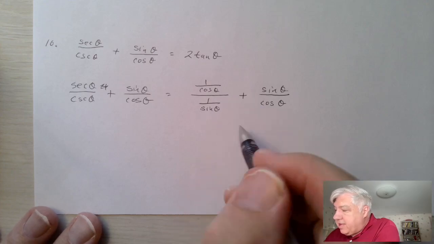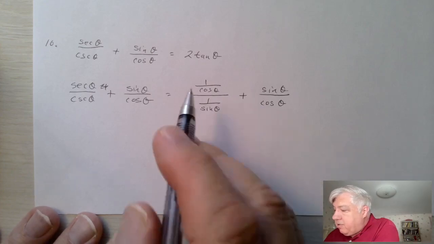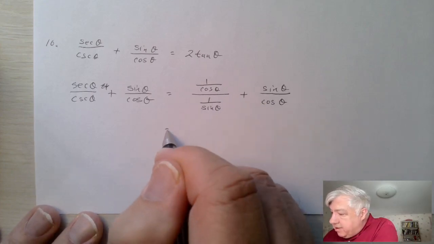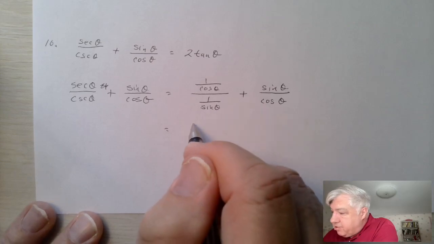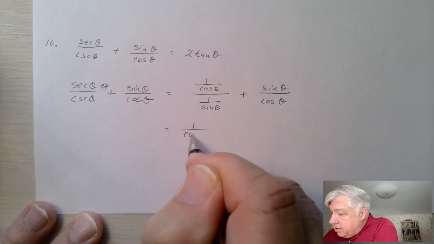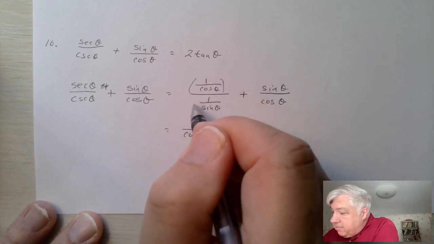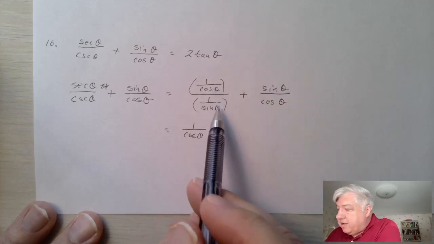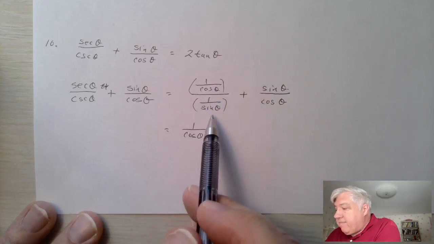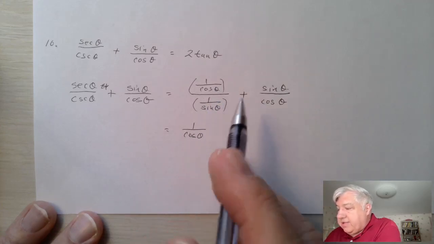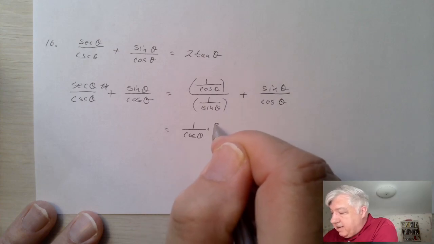There are a couple ways you could do this. You can write this as the big numerator of this fraction. And then when we divide by 1 over sine theta, that's the same thing as multiplying by sine theta over 1.